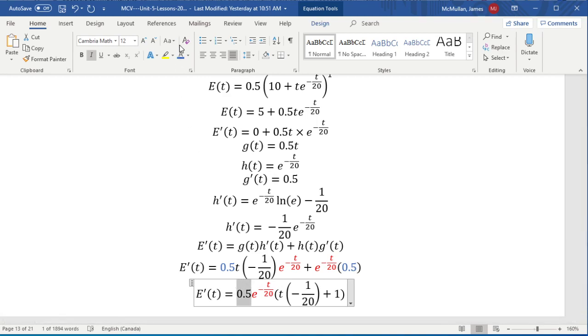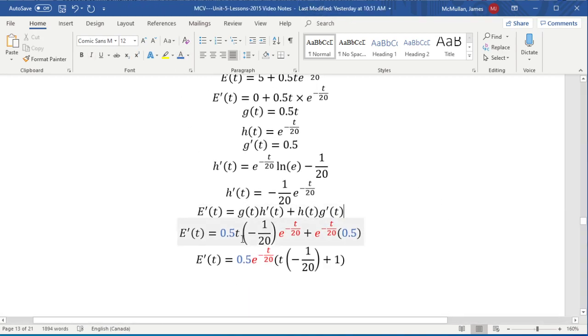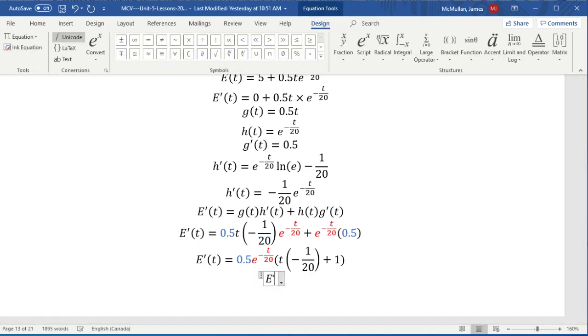Then whatever I didn't color in is a t, a negative 1 over 20, and only a 1 is left from the other term. So you come to this conclusion: e prime at t is equal to 0.5 e to the negative t over 20, multiplied by 1 minus t over 20.